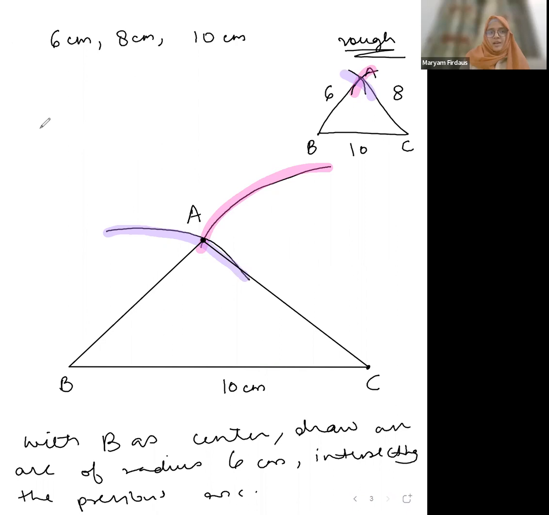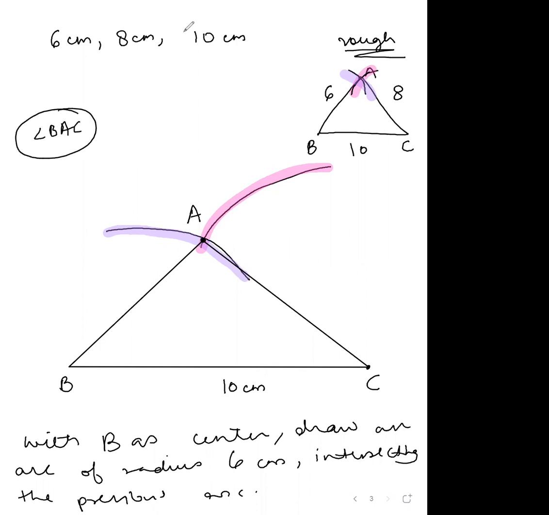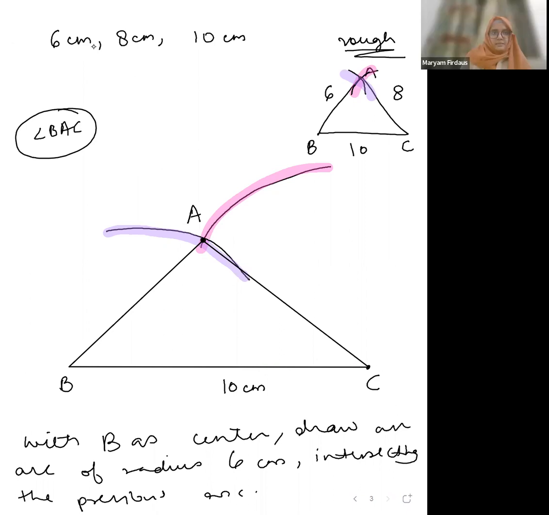I asked you to measure angle BAC, right? Angle BAC is this angle. So what you'll do is, you will take your protractor. Let me just make it like this. Your protractor will be like this.